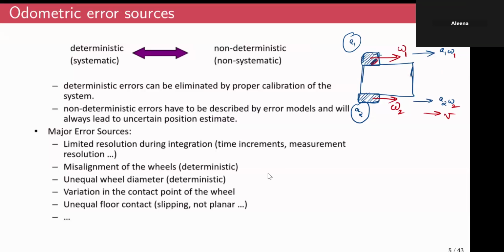If you can exactly determine these sorts of errors, you can incorporate them in your model and give your control inputs accordingly. Errors that you can accurately model are what we call deterministic errors, errors that you can deterministically model.